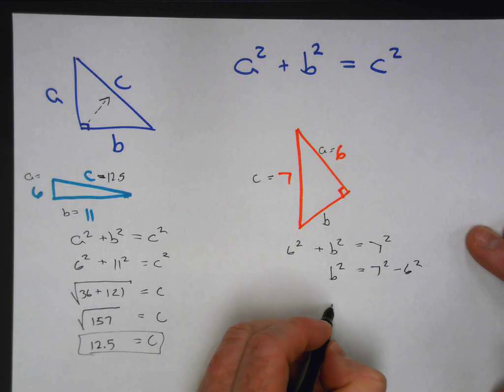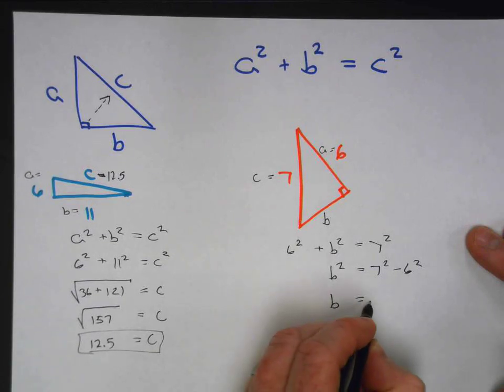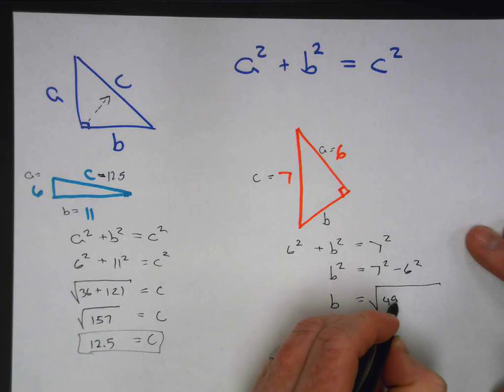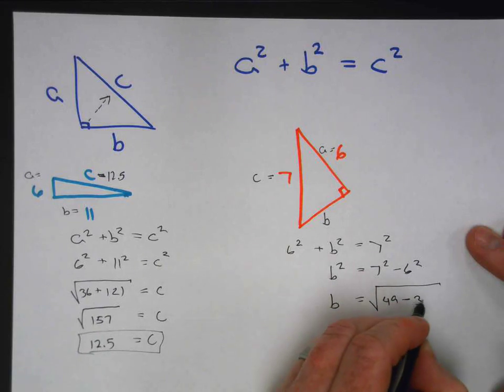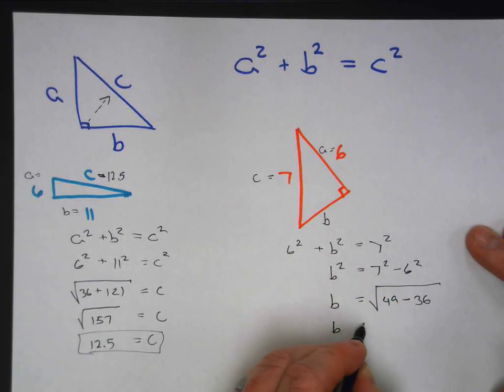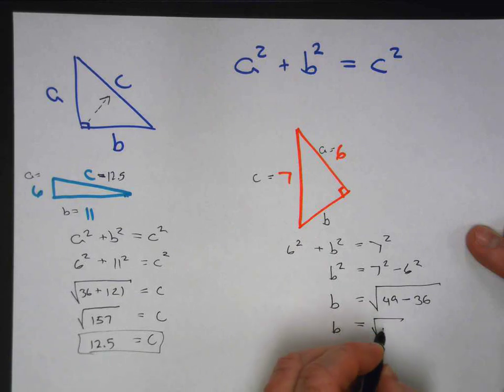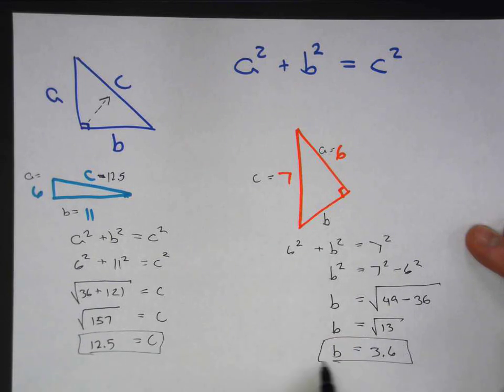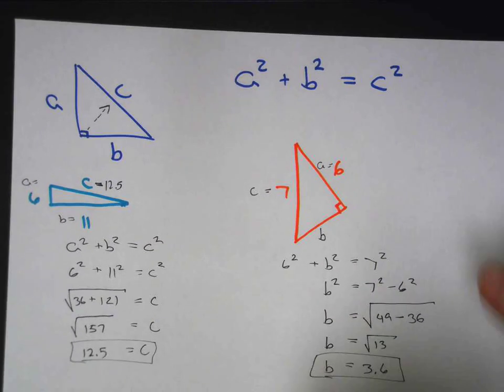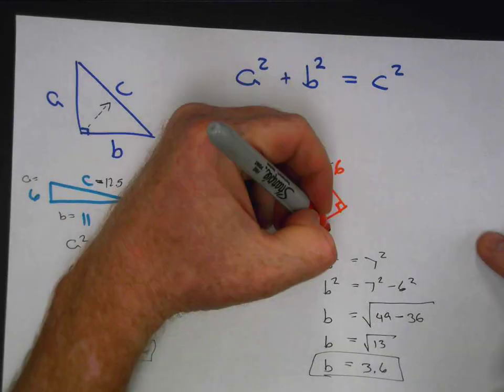I've got to take the square root of both sides to get B. 7 squared is 49. 6 squared is 36. So 49 minus 36 is 13. So square root of 13. And that means B is right around 3.6, with a bit of rounding perhaps. So we can add that if you like.